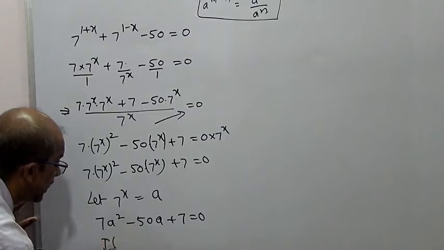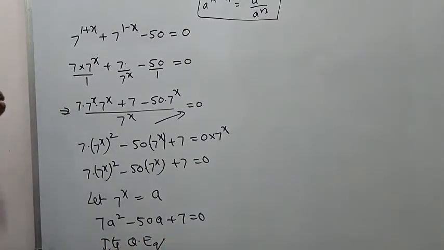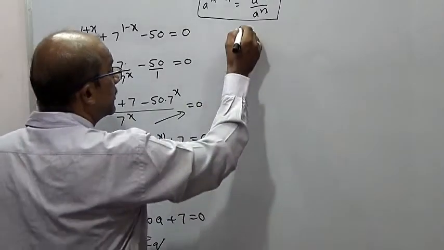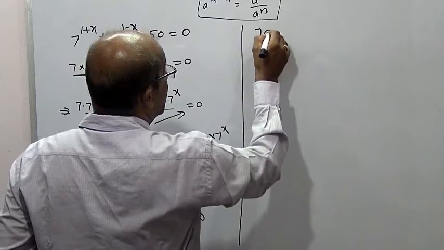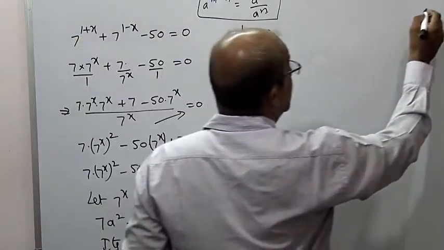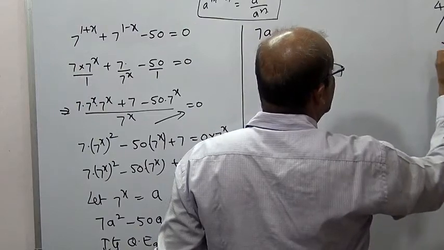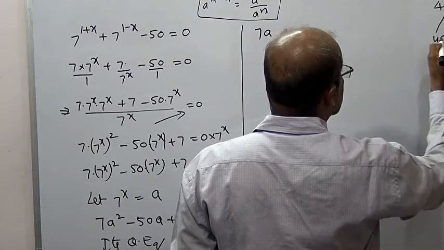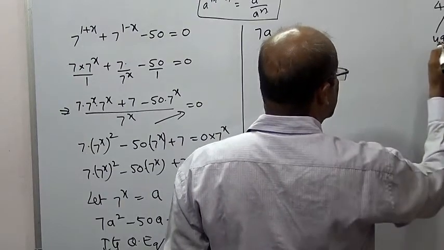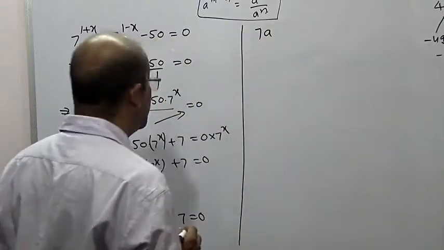It is a quadratic equation. So the factors of the quadratic equation: 7a square, 7 7s are 49. The middle term is minus 50. So minus 49 and minus 1 make minus 50.